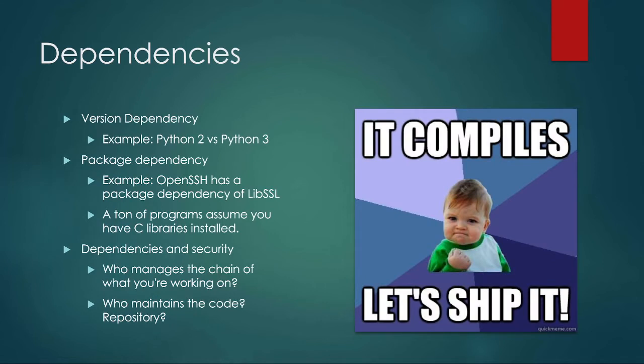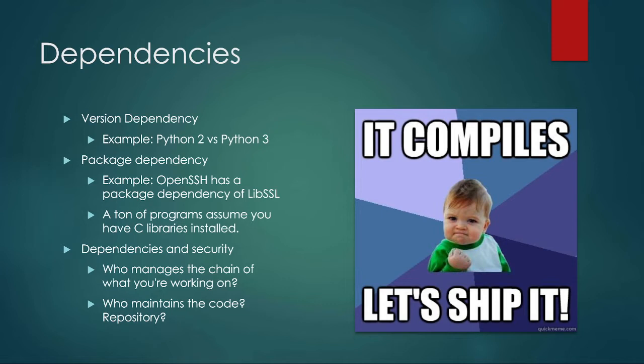We might also see some things like version dependencies, where we have to assume that you have, for example, Python 2 or Python 3 installed. Now, this is hopefully becoming less of a problem, but Python 2 and Python 3 are not actually compatible. So if you write something in Python 3, then you have to make sure that you are running it using Python 3. We might see some package dependencies.